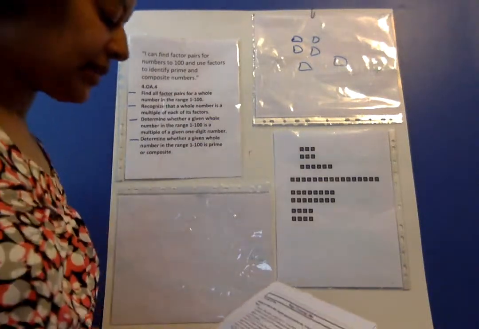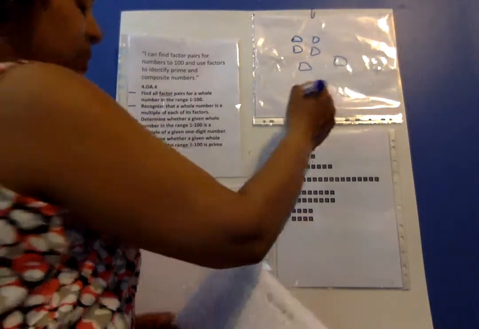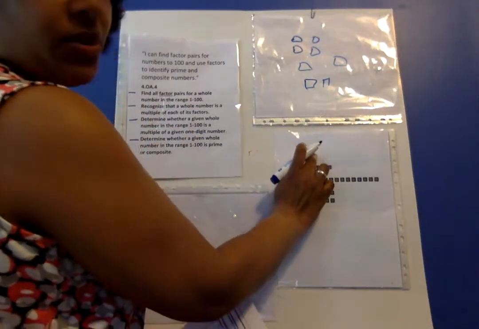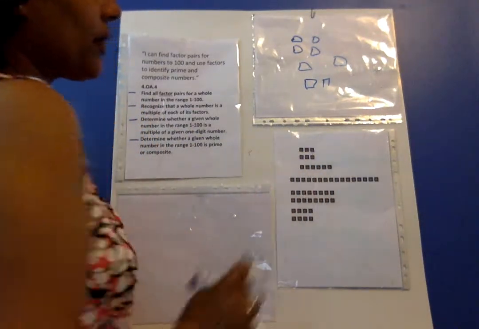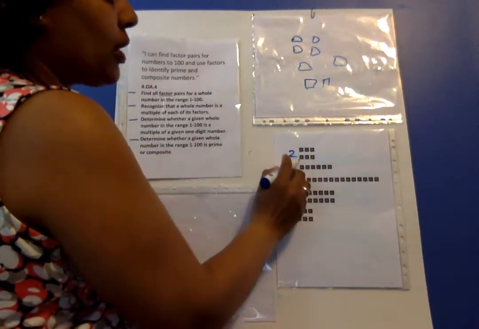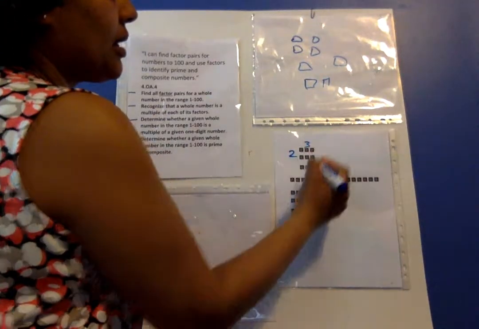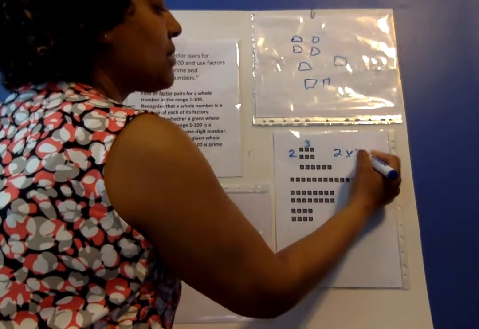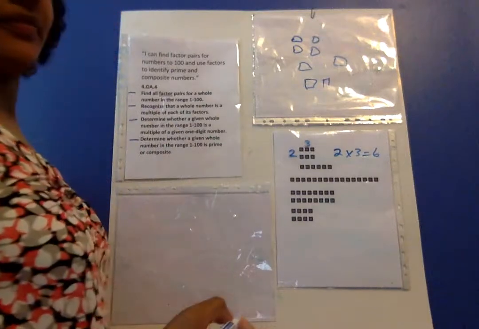Now, what I see is a common one that the students are doing is 1, 2, 3, 1, 2, 3. So I will show them that it's 2 rows and it's 3 in each row. So 3 times 2 equals 6.